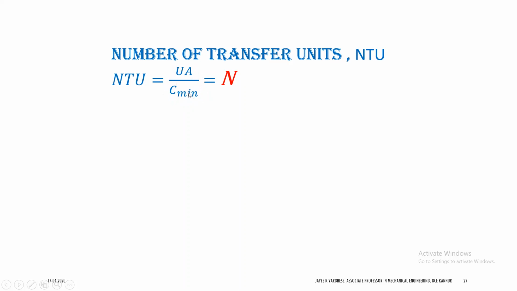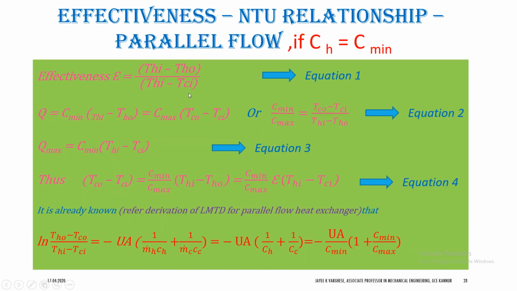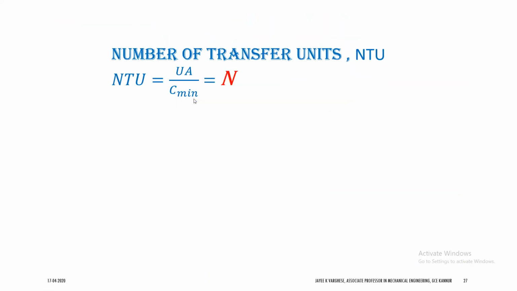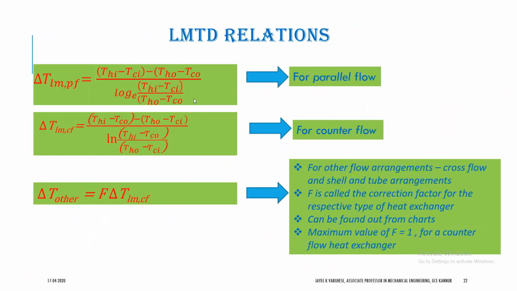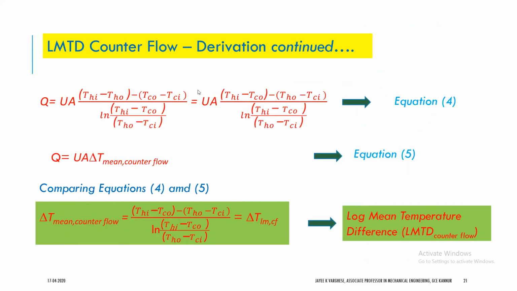Now, the heat exchanger analysis using LMTD was discussed in the previous lecture. We know that heat transfer is equal to overall heat transfer coefficient times total area times LMTD.